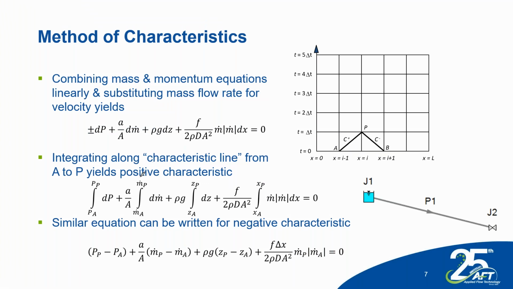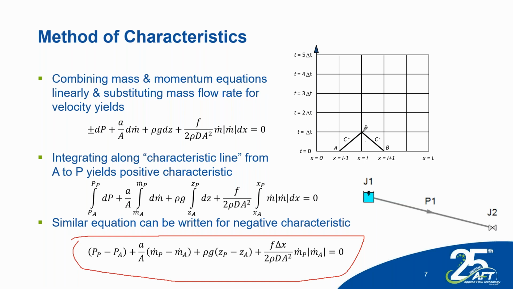And so when you do all the calculus involved, you can calculate what the new pressure is at another time step, and that pressure is simply going to be based upon the pressure at the previous time step, at the immediate upstream station and the immediate downstream station.